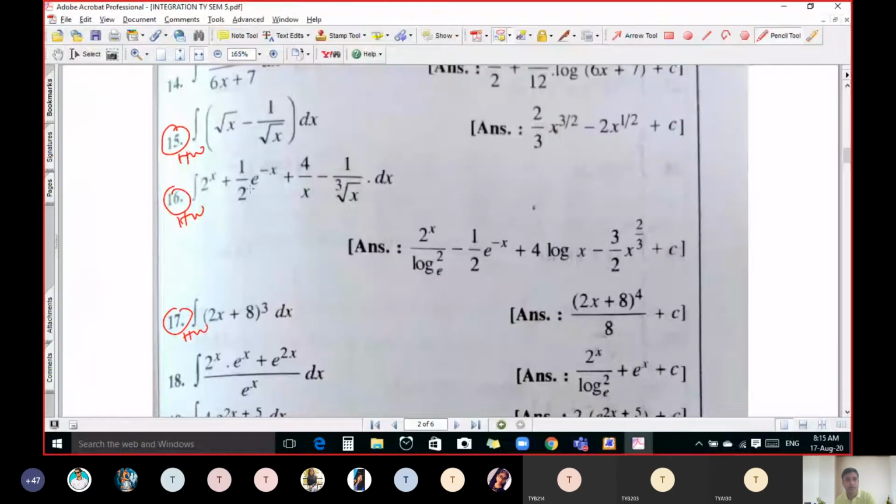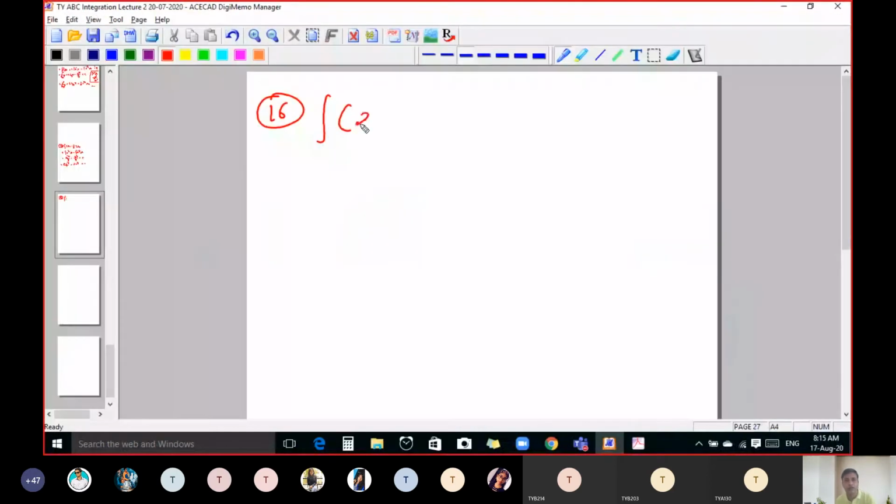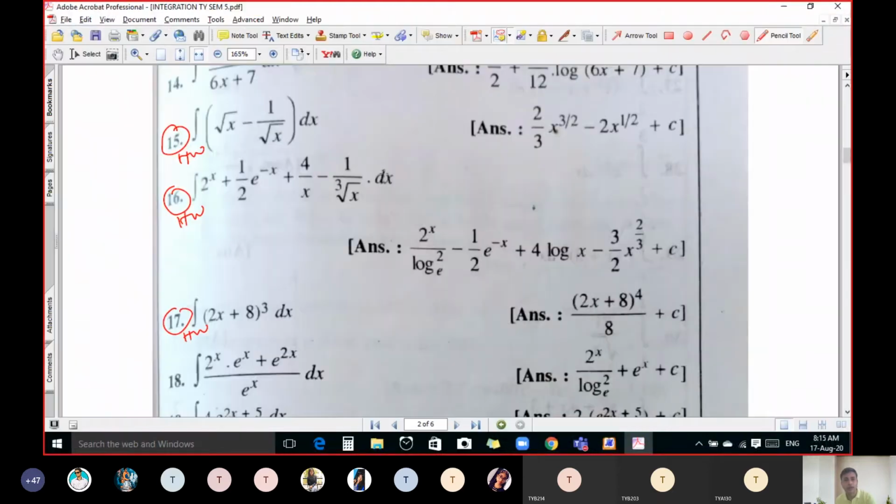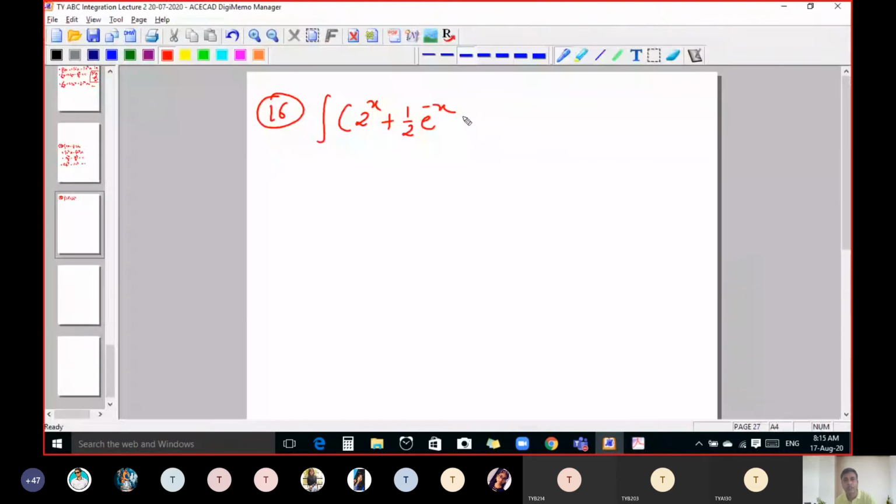Integration of 2 raised to x plus 1 by 2 e raised to minus x plus 4 upon x minus 1 upon cube root of x dx.